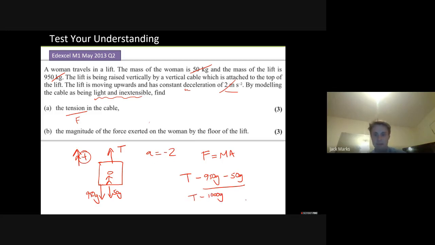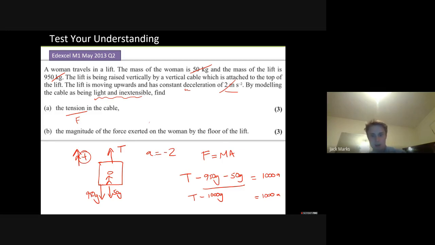It's equal to ma. Here I'm going to be looking at the whole system, so I'm looking at all of the forces, and I'm going to look at all of the mass. All of the mass is 1000. So T minus 1000g equals 1000a.